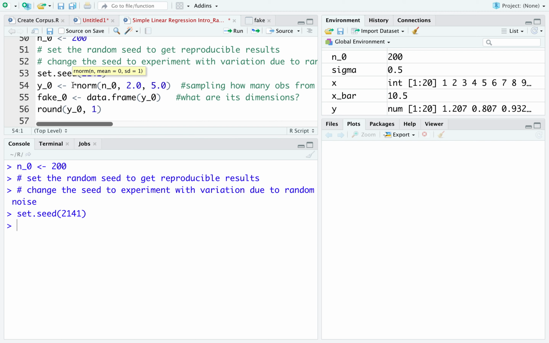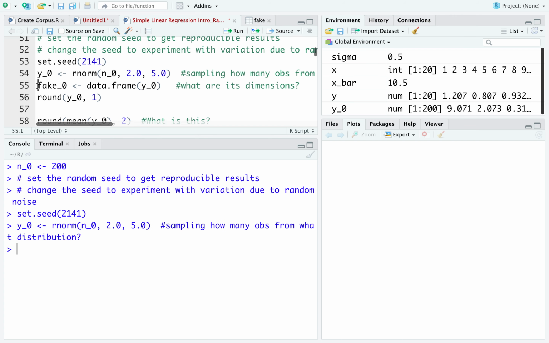So we're generating observations from a normal distribution, and there are going to be 200, right? Because that's the n, with a mean of 2 and a standard deviation of 5. Again, out in the world of statistics, oftentimes the normal parameters are mean and variance, but suitably in R, they take the standard deviation as that second parameter.